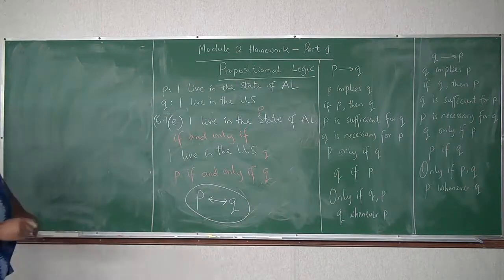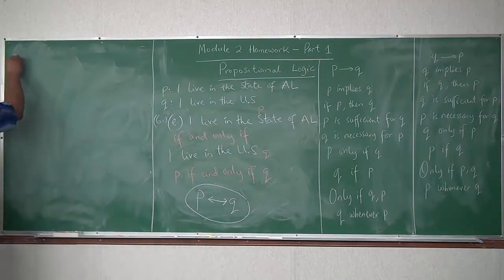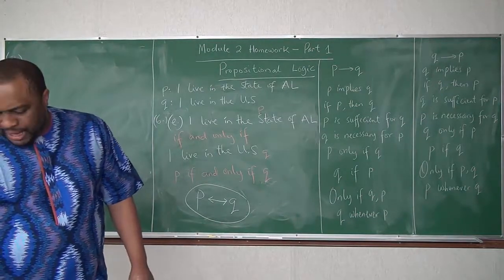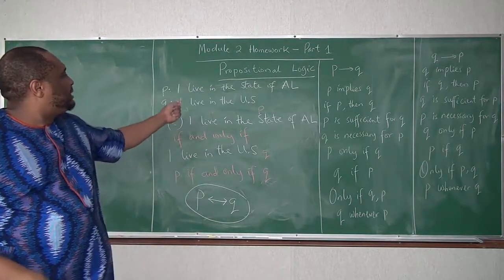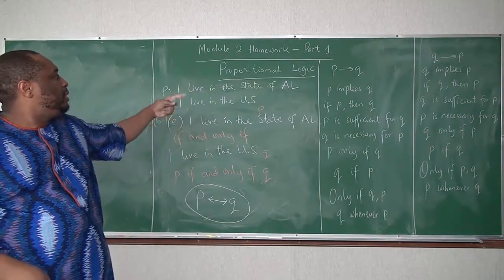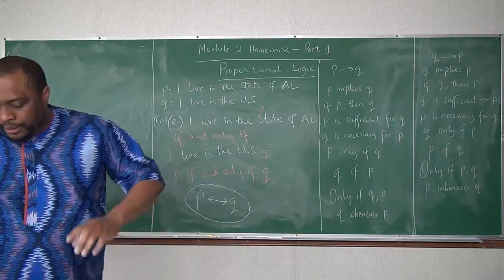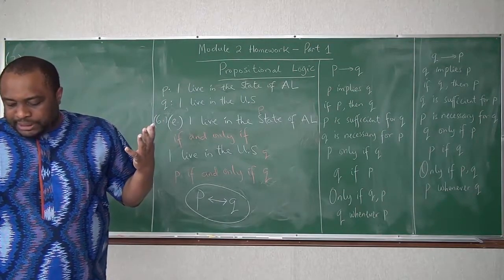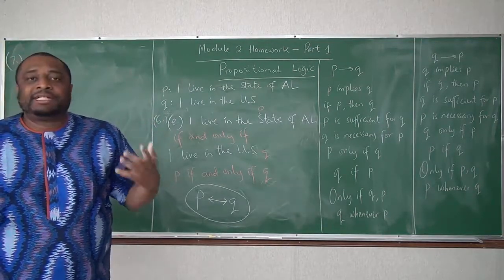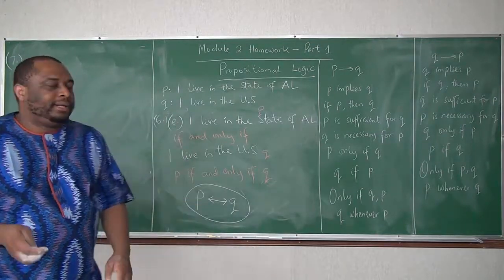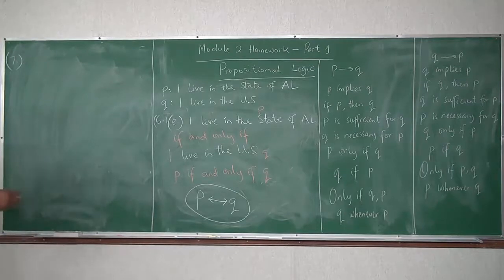Question 7 says, I will use these 2 statements, and it says I should write the contrapositive of the statement and the converse of that statement. I might as well write everything.